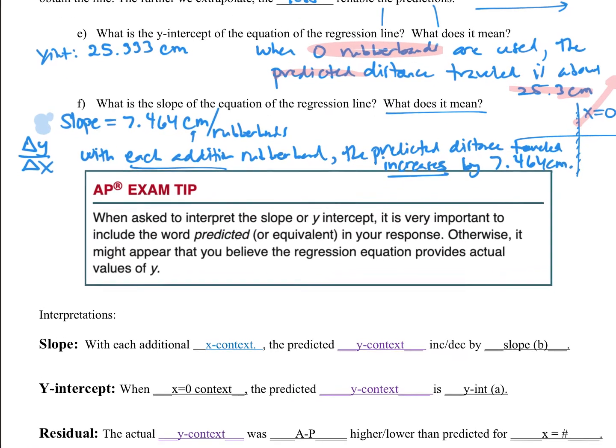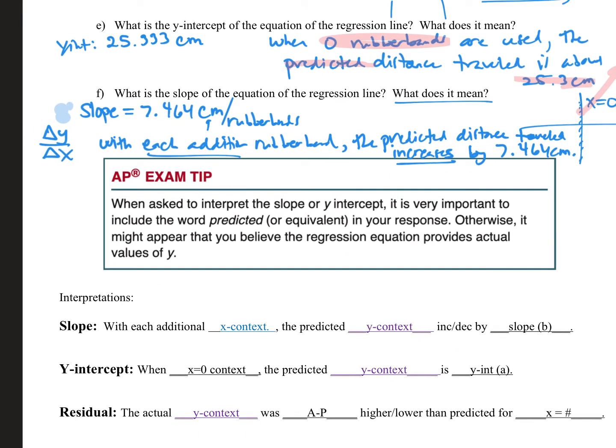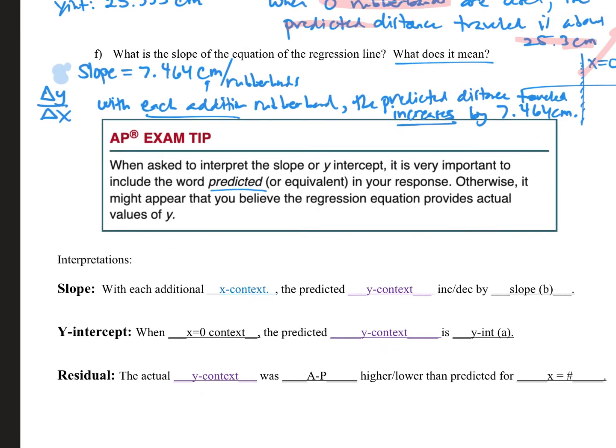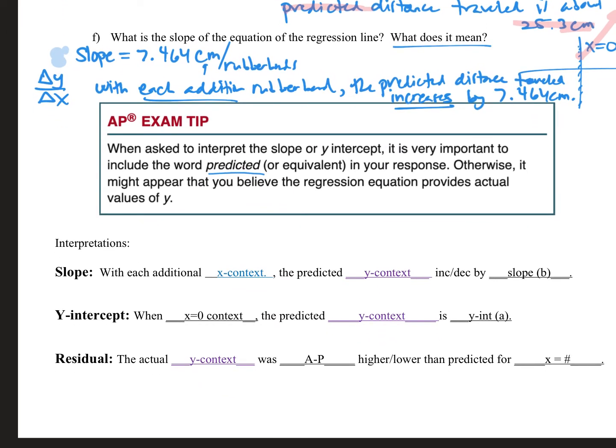Now, when asked to interpret the slope or y-intercept, it's very important to include the word predicted. So I've been saying that a lot. Otherwise, it might appear that you believe the regression equation provides actual values of y. Actual values of y are the y's that you get when you do the experiment. When I did 5 rubber bands, I got 64.